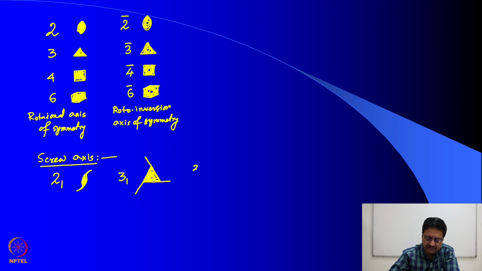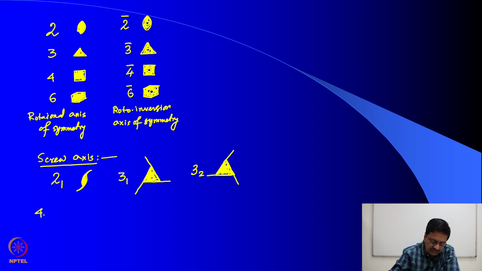The corresponding 3-2 is drawn as a triangle as usual, but the direction of rotation is different, which means 3-1 means 120-degree rotation and 1/3 translation. 3-2 means 240-degree rotation and 2/3 translation.